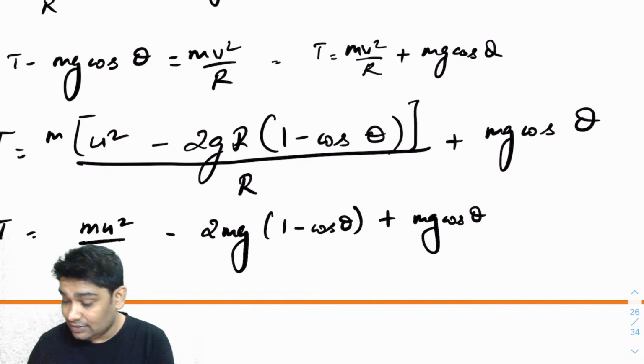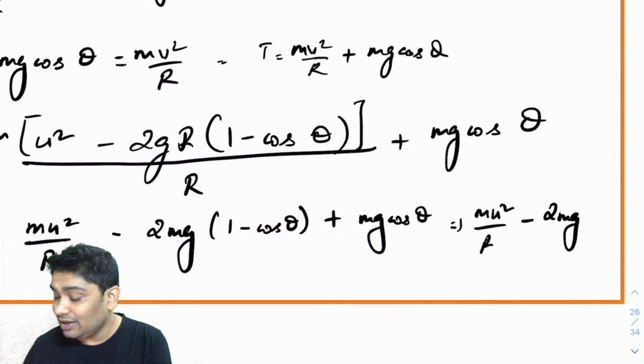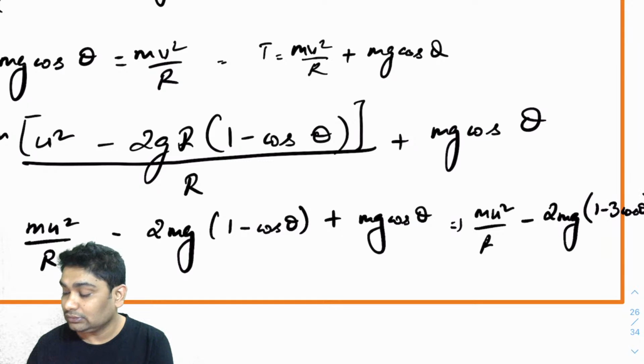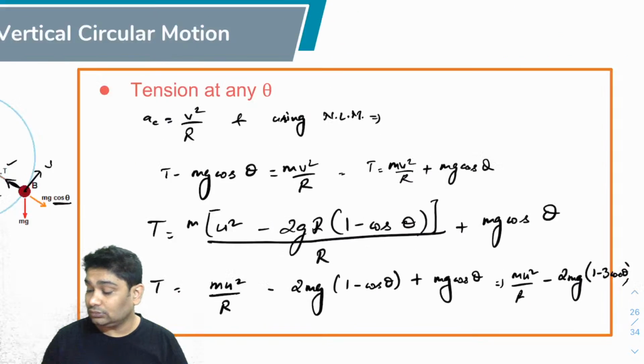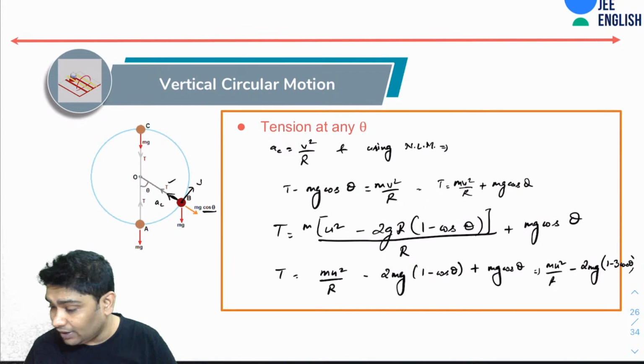So that is mu square over r minus 2mg. Now I can have 1 minus 3 cos theta. Okay, or 2 minus 3 cos theta. Fine.